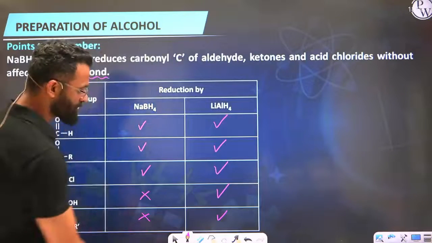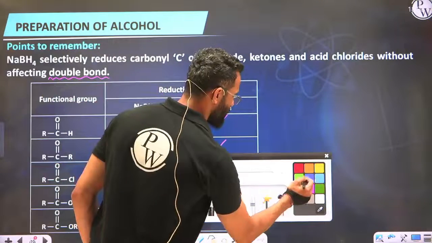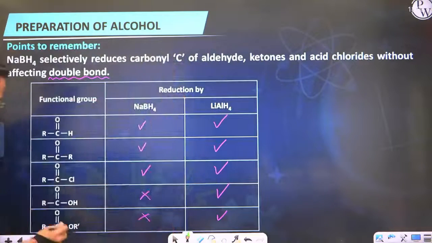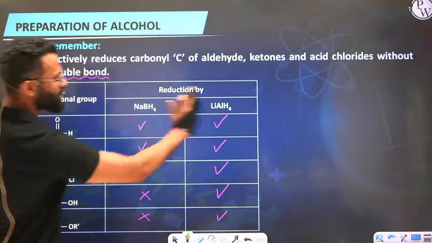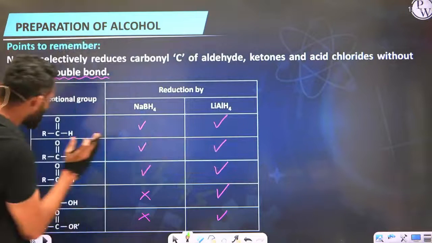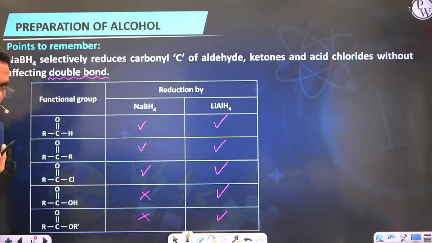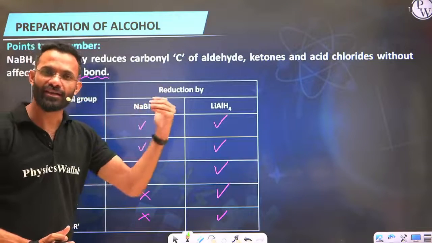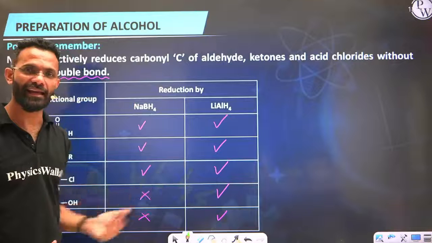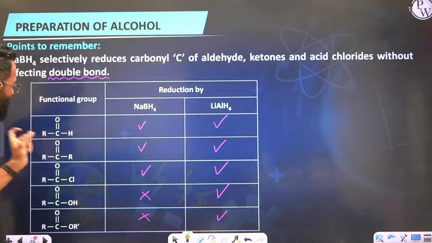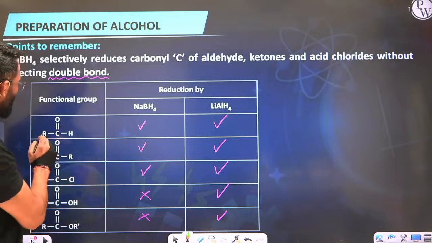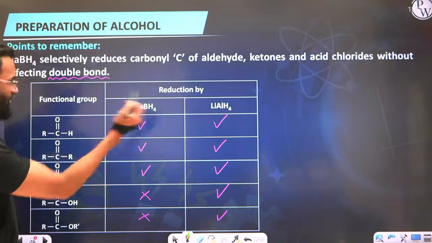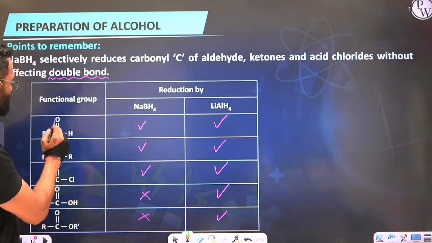The only thing which I want you guys to understand, when you carry out reduction of an ester, see for the rest all, the corresponding product is going to be an alcohol corresponding to as many carbons as you have. What I'm trying to tell you, whenever you write down a reduction product using SBH and LAH, just ensure how many carbons you have got. Like over here, I've got RCH double bond O. So the alcohol is going to be RCH2 single bond OH.